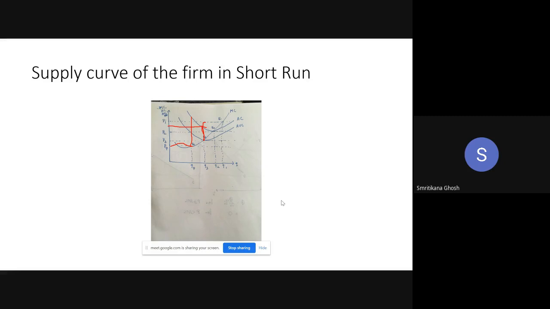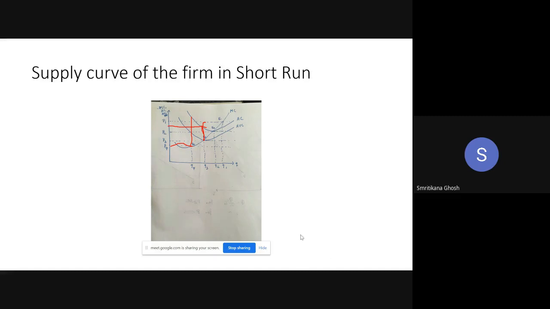If it is above that, even with loss you should produce. So the minimum of AVC is called the shutdown point. Remember, sometimes questions come: what is the name of the minimum of AVC, or what is the shutdown point? So you have to write it. This is called the shutdown point.